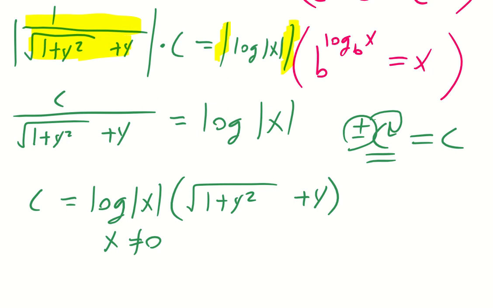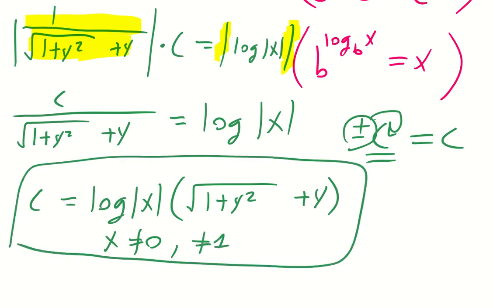The log of 0, we don't want that. But also remember, in the beginning I said x cannot equal 1. So here is our final answer. Pretty neat. So c is equal to log absolute value of x times the quantity, the square root of 1 plus y squared plus y. x cannot equal 0, x cannot equal 1.